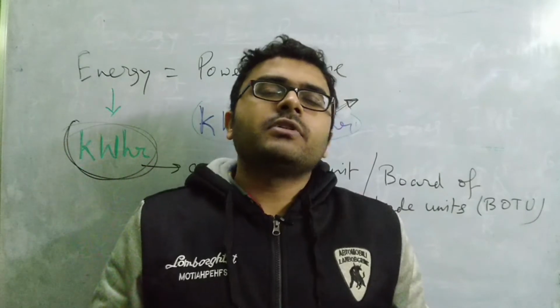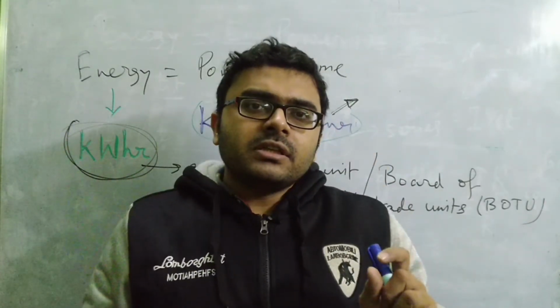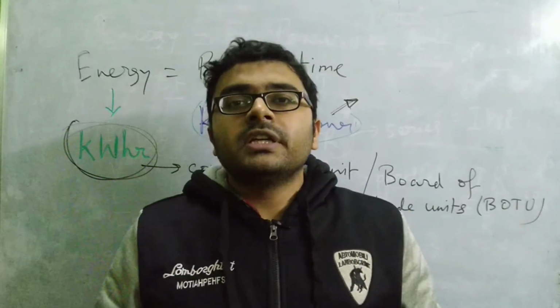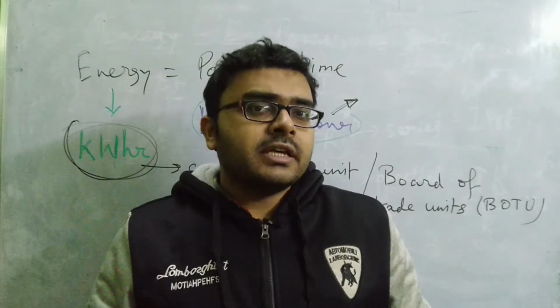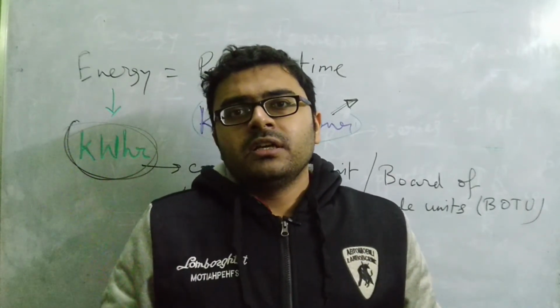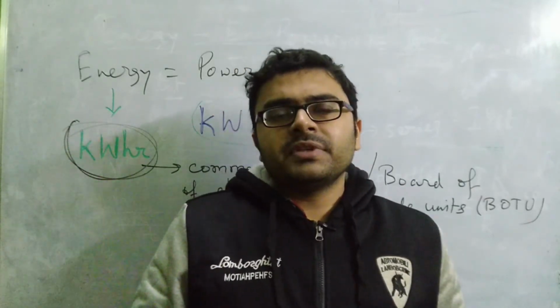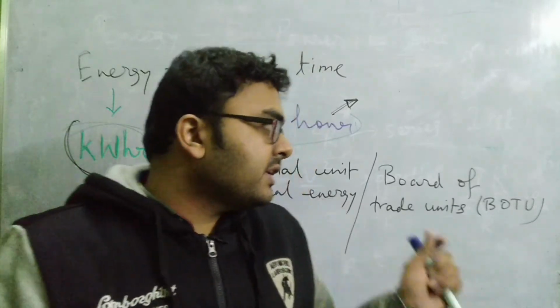So whenever you run a device rated as 1 kilowatt for 1 hour, you will be sure that you have consumed 1 unit of electrical energy, and the electrical companies that supply electrical energy to our houses charge us accordingly. At some places it is charged as, say, 5 rupees per unit. Per unit means per kilowatt hour.